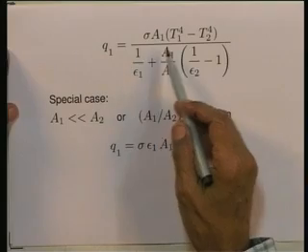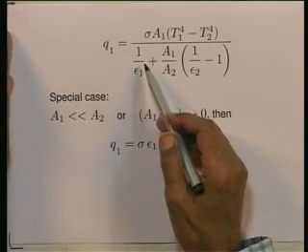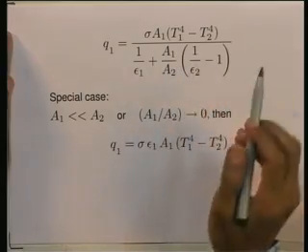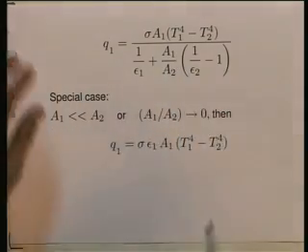But before I do that, let me take a special case of this situation. So, we have got this expression now, q1 is equal to sigma A1 (T1 to the power 4 minus T2 to the power 4) upon [1 upon epsilon 1 plus A1 by A2 (1 by epsilon 2 minus 1)]. This is our general expression, valid whenever F1-2 is 1 and F2-1 is A1 upon A2. Let us take a special case of this now.